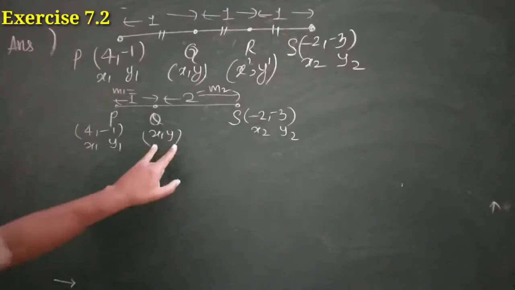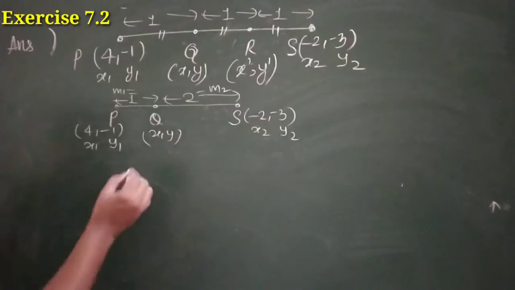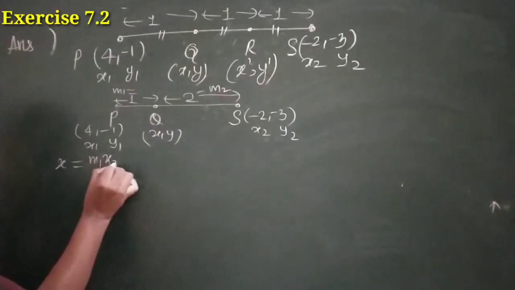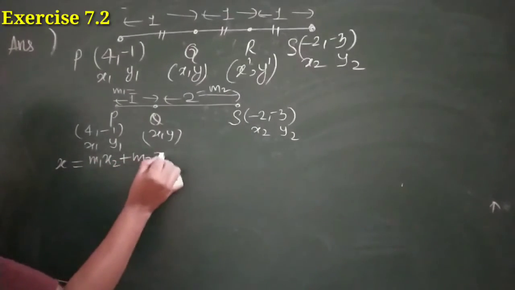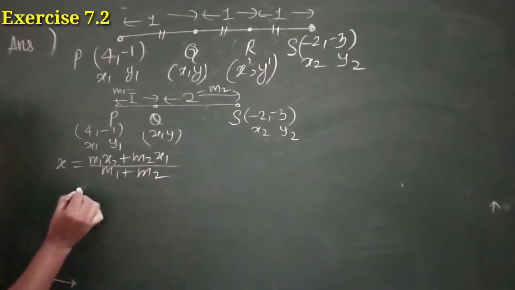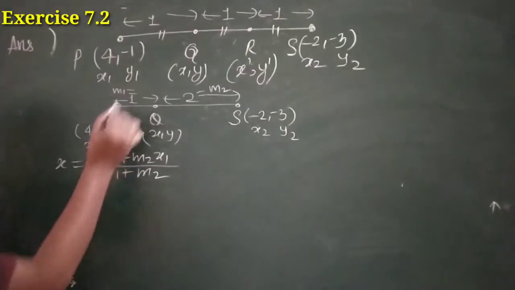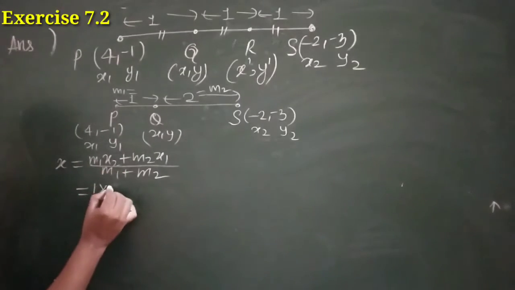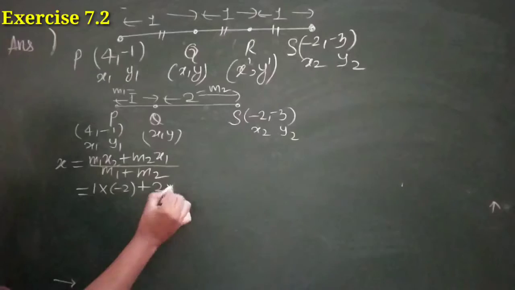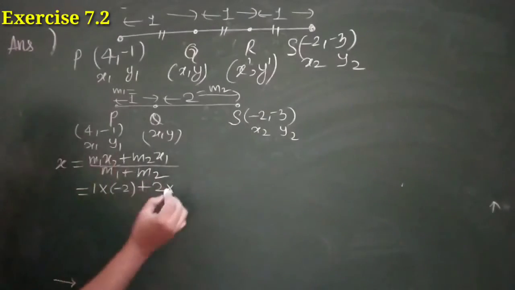We can find out the coordinates of x comma y. So x will be equal to (m1 x2 plus m2 x1) upon (m1 plus m2). What is m1? 1. x2 is minus 2, m2 is 2, x1 is 4.